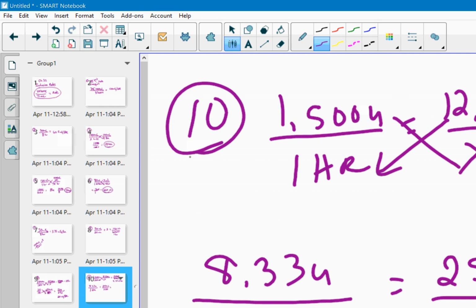Again, these units are liquid. Okay, so 8.33 times X is 8.33X. 250 times 1 is 250. 250 divided by 8.33, you get 30 milliliters per hour.